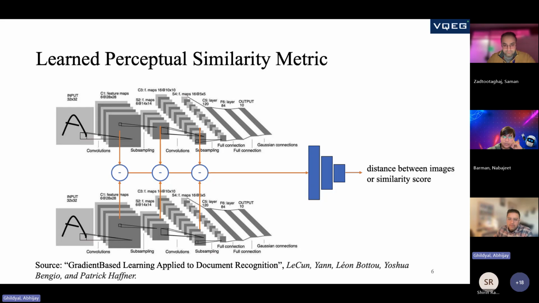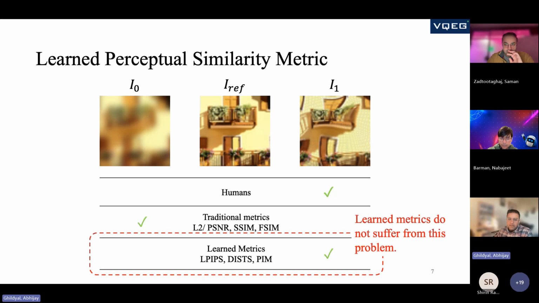For example, the ubiquitously used metric LPIPS uses image encoders pre-trained on the ImageNet dataset, analyzes the features or internal activations, and also fine-tunes on data about how people perceive perceptual similarity. Hence these learned metrics do not suffer from the previously mentioned problem and are said to be more aligned with human perception.